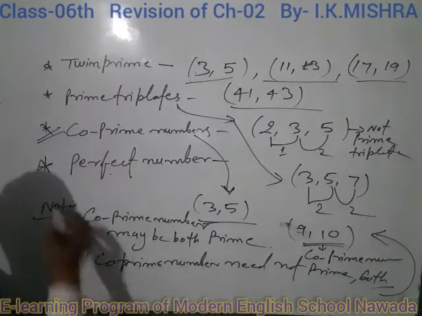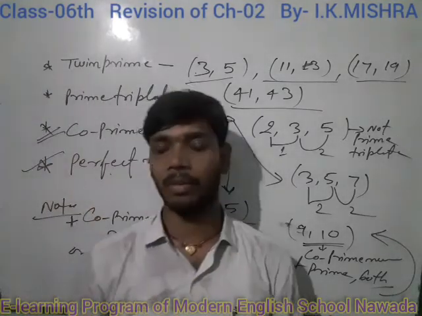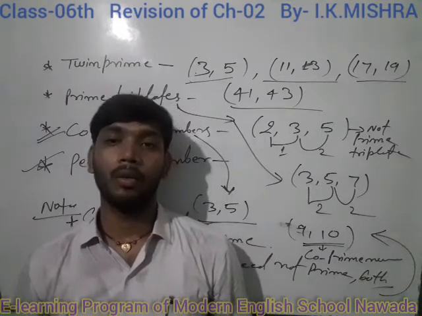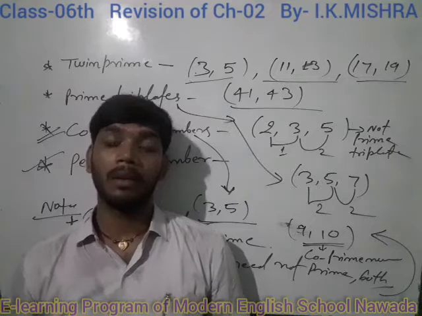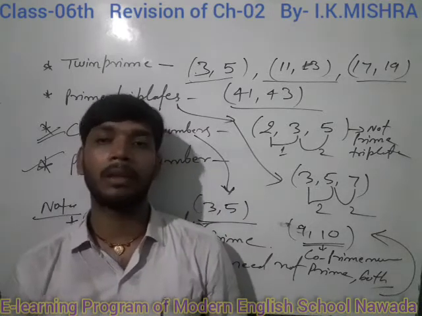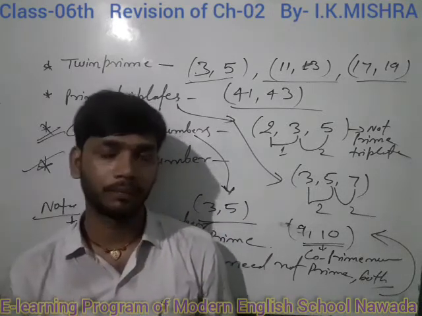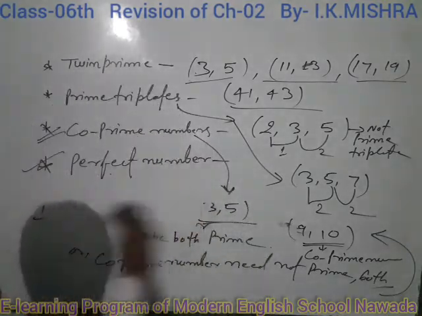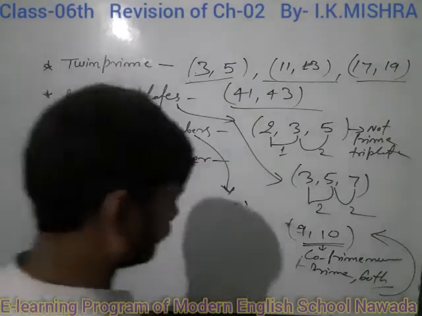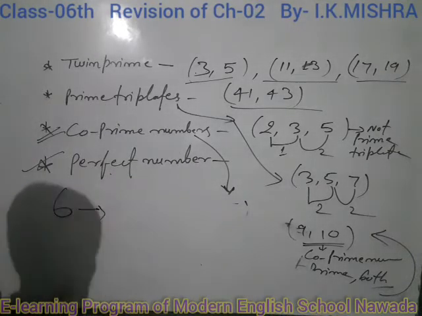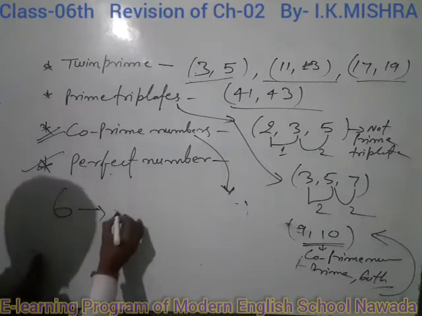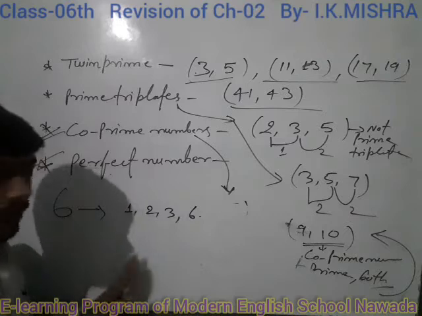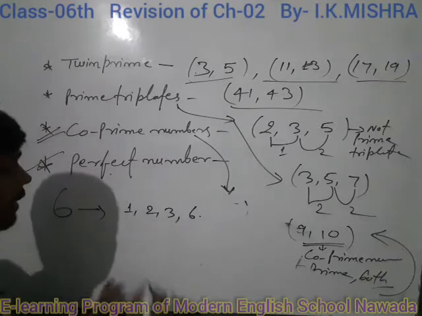Similarly students, now you know perfect numbers. Perfect numbers are those numbers where the sum of its factors is 2 times that number. I write a number for a perfect number. Here I write 6. Students, the factors of 6 are 1, 2, 3 and 6.